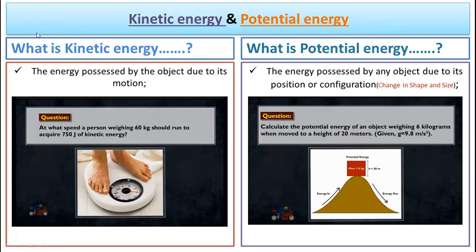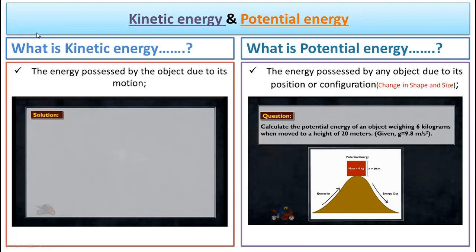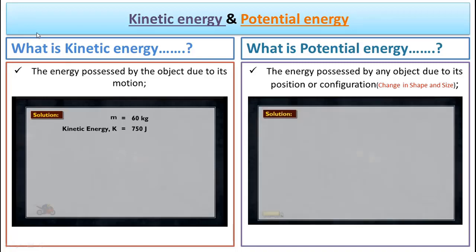Question. Calculate the potential energy of an object weighing 6 kilograms when moved to a height of 20 meters. Given acceleration due to gravity is equal to 9.8 meter per second square. Solution.